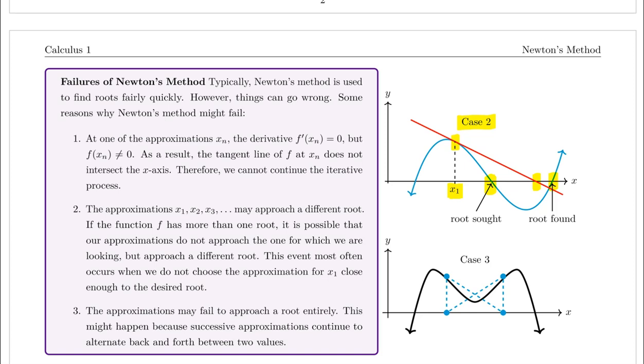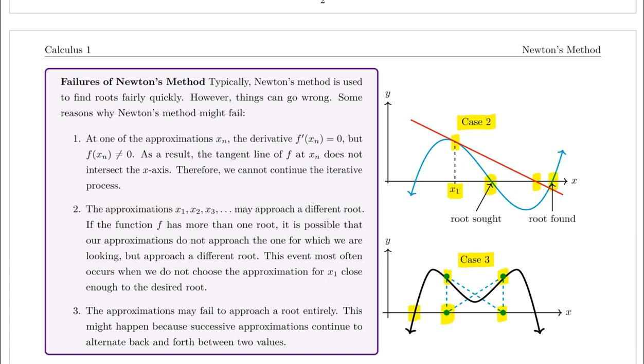And in the last case, case 3, the approximations may fail to approach a root entirely. This might happen because successive approximations continue to alternate or bounce back and forth between two values. So notice maybe I'm trying to find this root here in case 3, and I might start here, and then if I draw the tangent line, that's going to give me this one, and then if I draw this tangent line, that's going to return me back here, and it's just going to bounce back and forth.